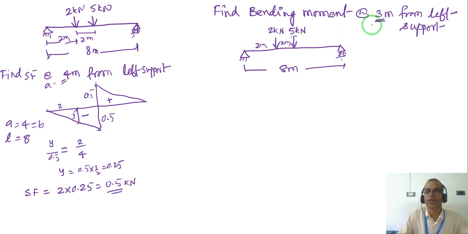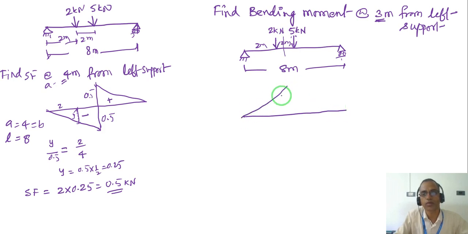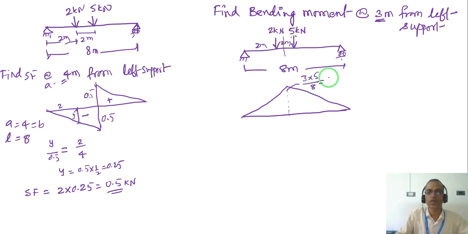I need the bending moment at 3 meter from the left support, somewhere here. So I will draw the ILD for bending at that section. This ordinate will be AB by L. A is 3 meter, B is 5 meter, my total length is 8. So this will be 15 by 8, 1.9 something.